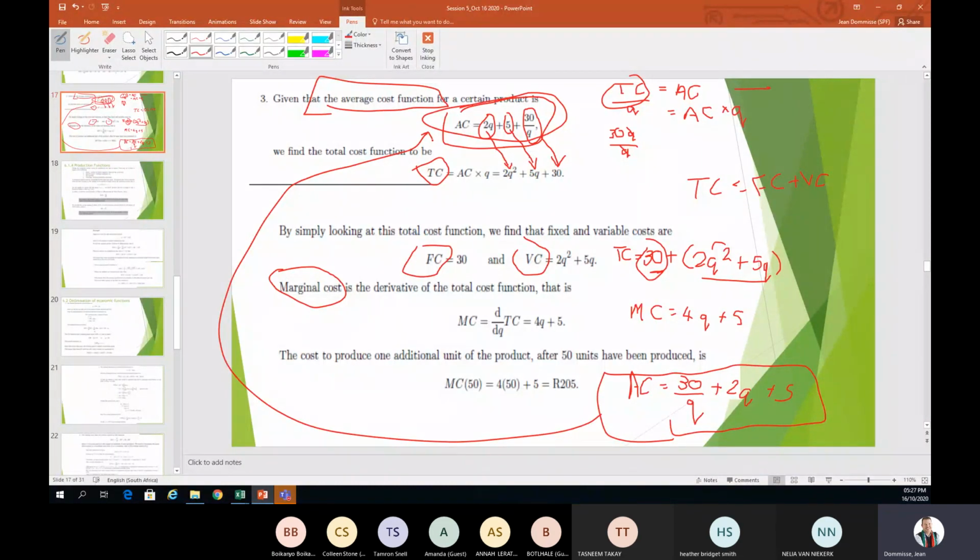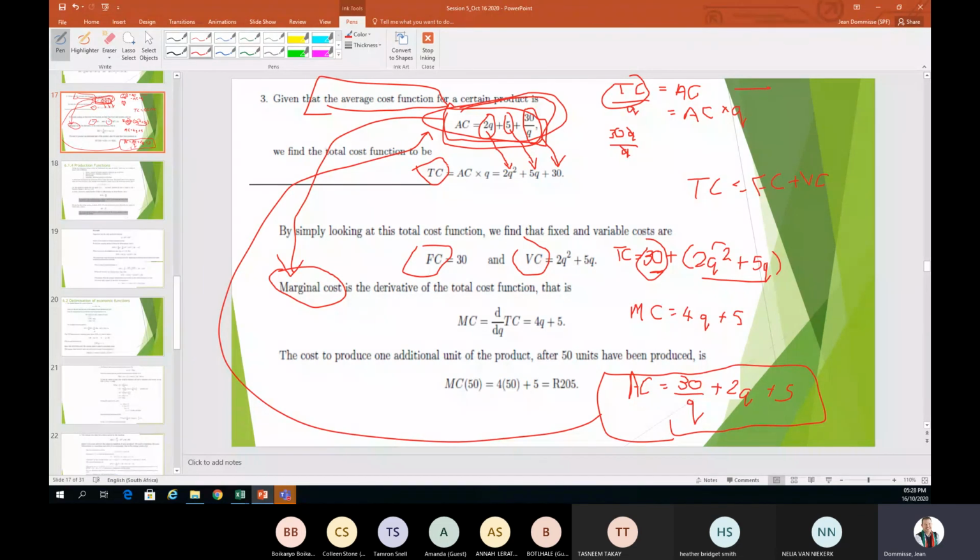So basically what they could have done in the exam, they could give you the average cost. And from the average cost, they can expect you to work out the marginal cost. But again, they need to give you a bit more information, because otherwise you are going to need to make assumptions in the total cost here that might be wrong.